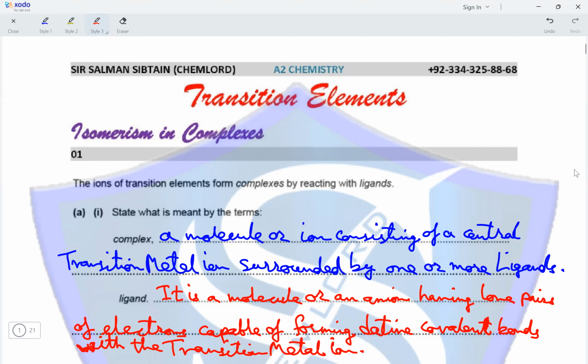So this is the definition of a ligand. Ligands are of various types, but here we just need to put down the general definition of a ligand.